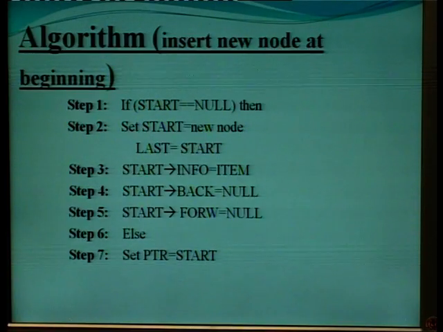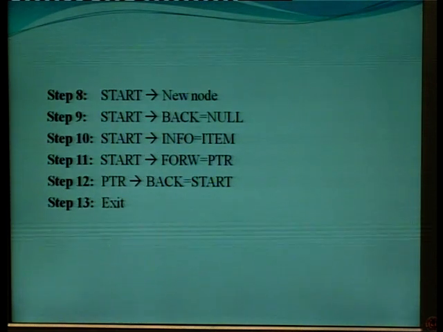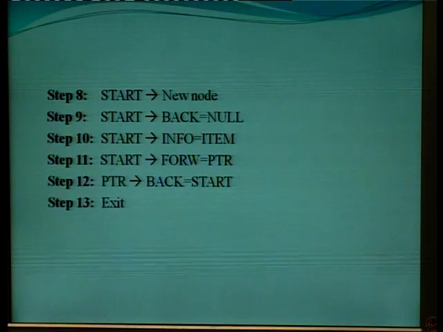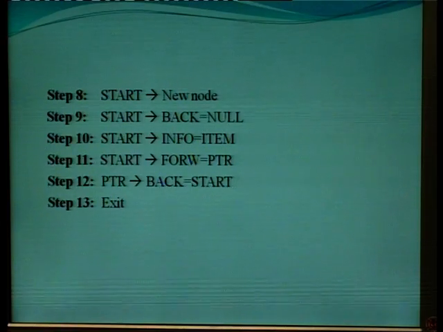So we are going to add node 1. If we add one node, no more nodes are there, so the information is stored, and start back and start forward, both pointers, are null. If start is not null, then set the pointer to the start, and then the start pointer moves to the new node, meaning the start pointer stores the address of the new node.